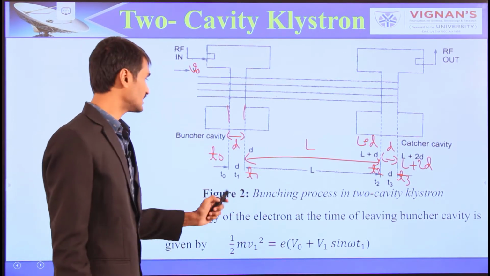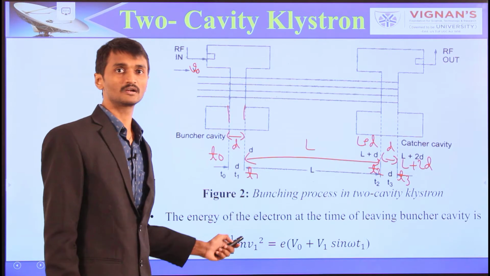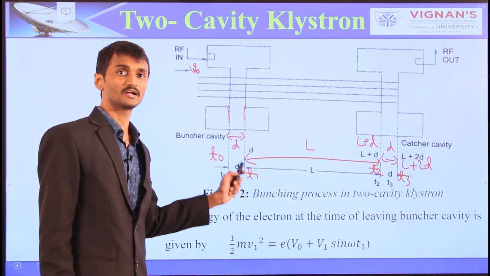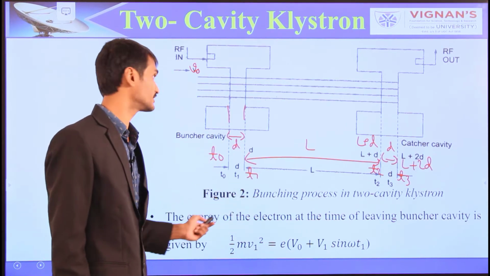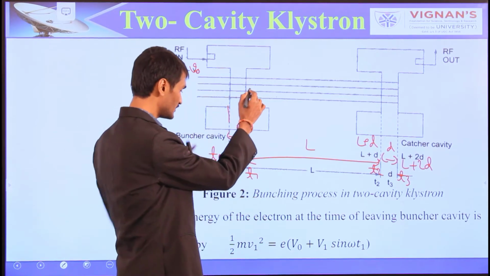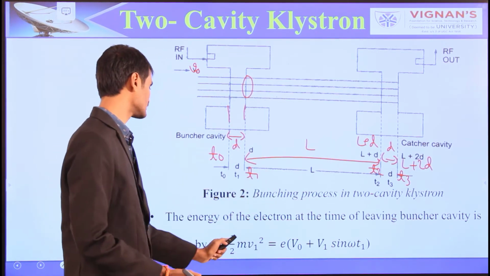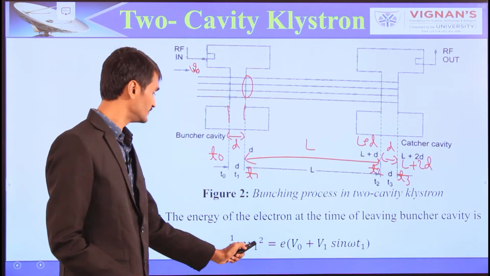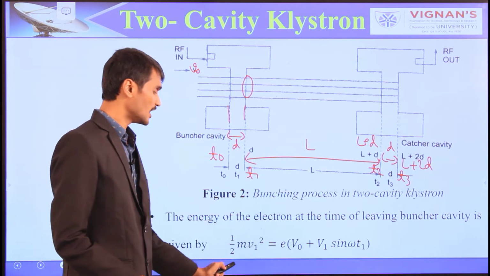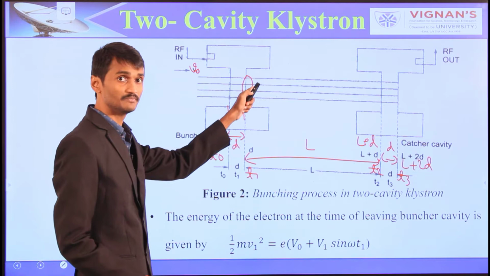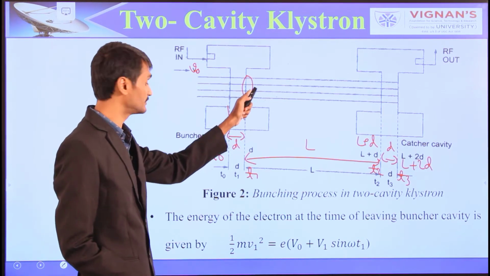Now the energy of the electron at the time of leaving the buncher cavity is given by half m v1 square. Because up to this point it is V0, here the velocity of the electron becomes v1.